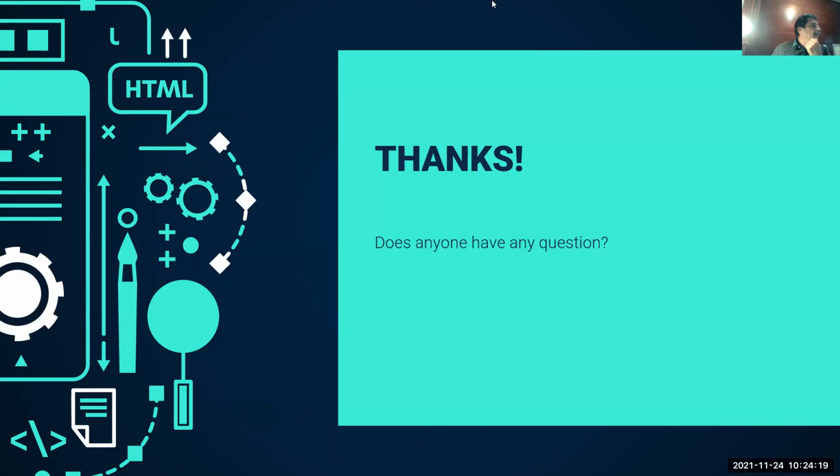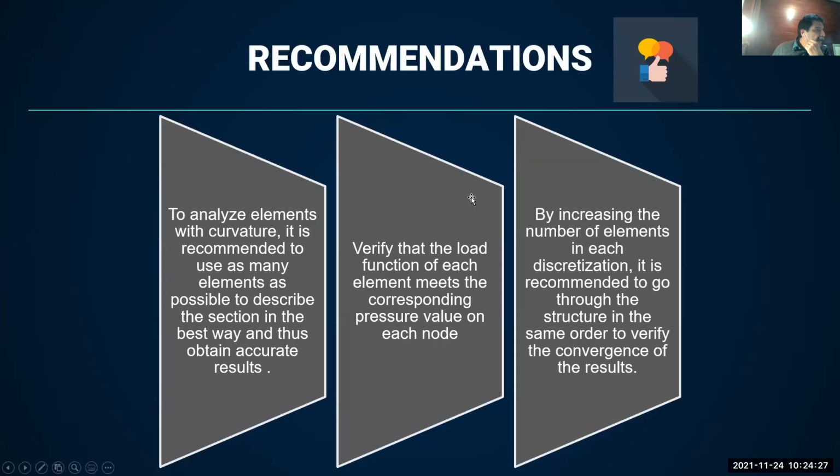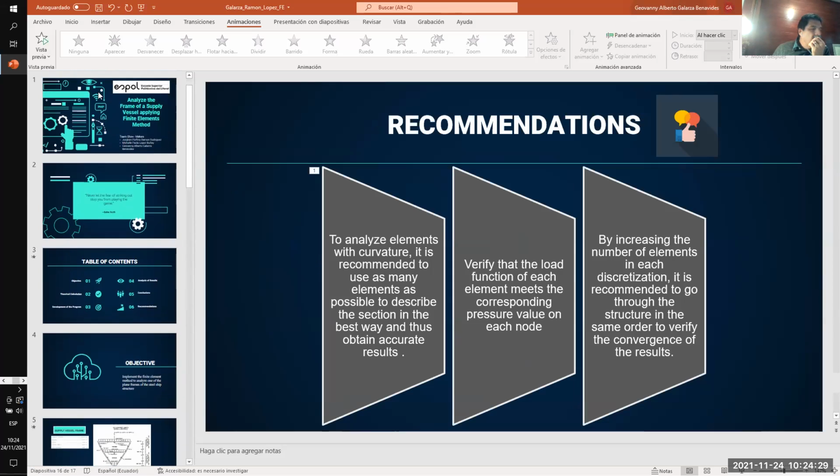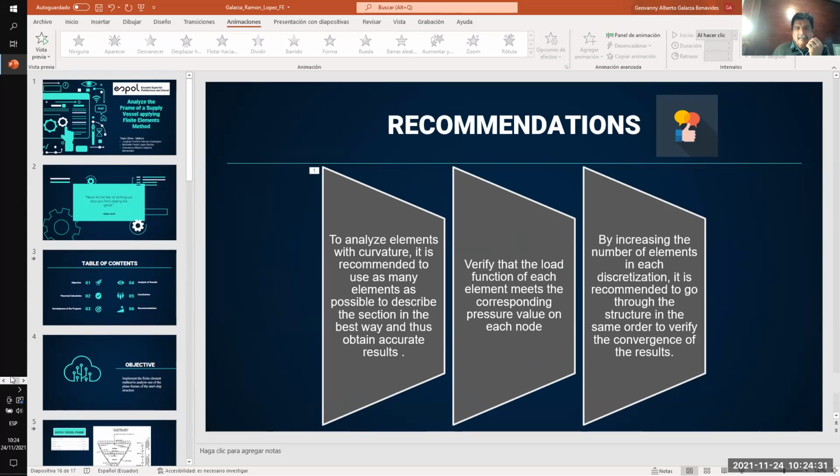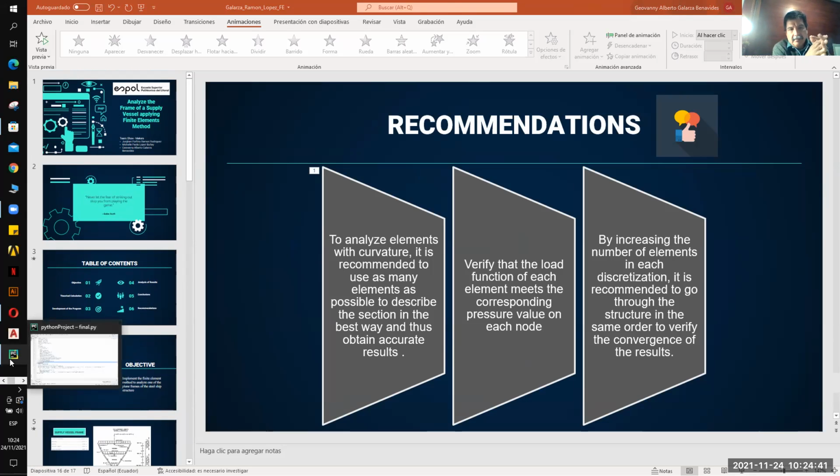Okay, right on time. A couple of questions just to check what you have done. Mr. Ramon, can you hear me? Yes, doctor. Okay, if instead of a frame, you would have a cable in your structure, what would you change in your data?